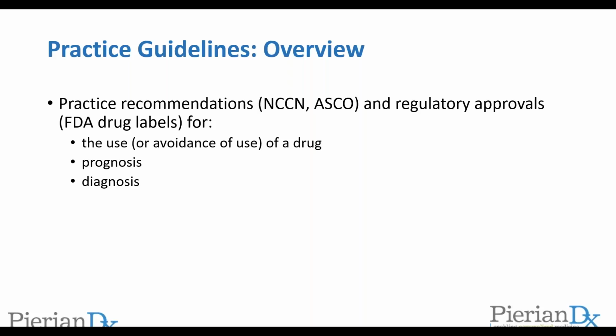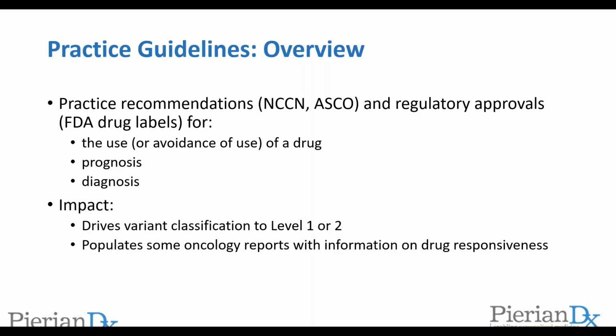So these are, the way we group them, both practice recommendations from the National Comprehensive Cancer Network, or NCCN, and from the American Society of Clinical Oncology, or ASCO, as well as regulatory approvals, that is FDA drug labels.